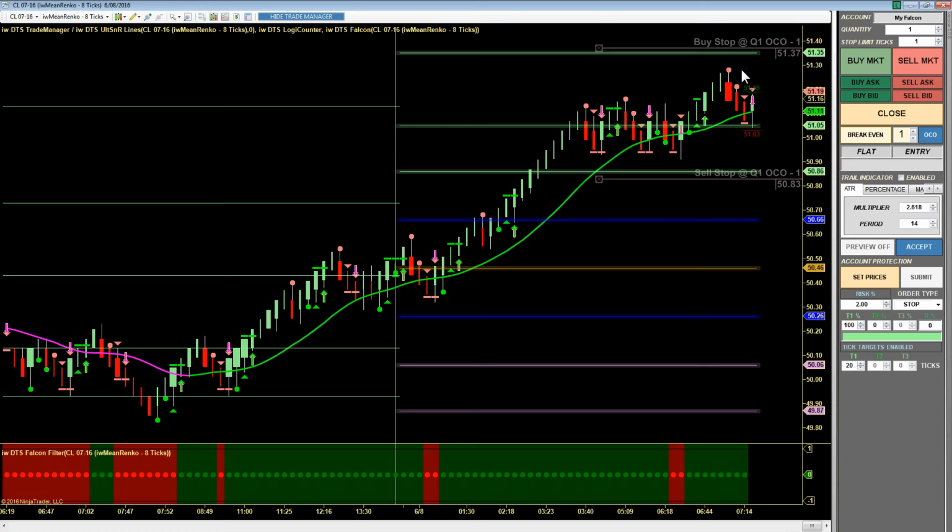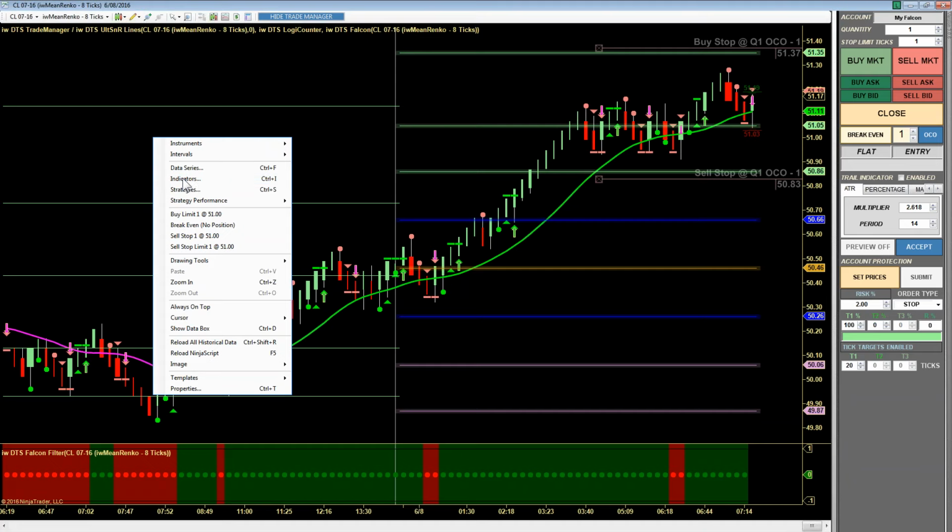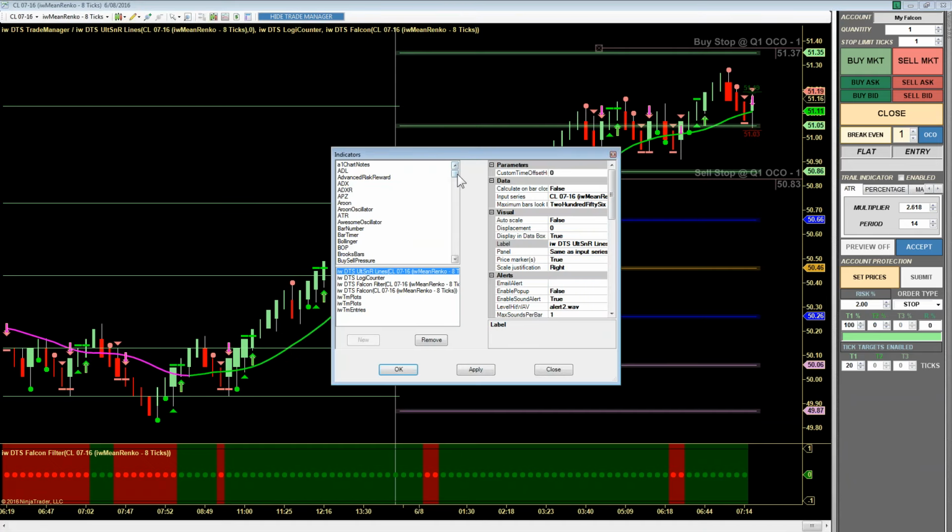That's a little bit too tight for my liking, but it'll do. In about another minute, we'll see the crude inventory report come out. I'll throw the Geiger counter on here so we can watch the order flow.